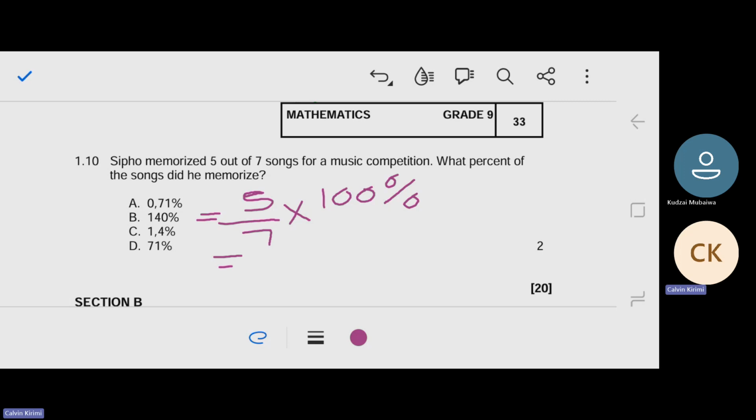Then the answer is 500 over 7. Use your calculator then. 71,4.